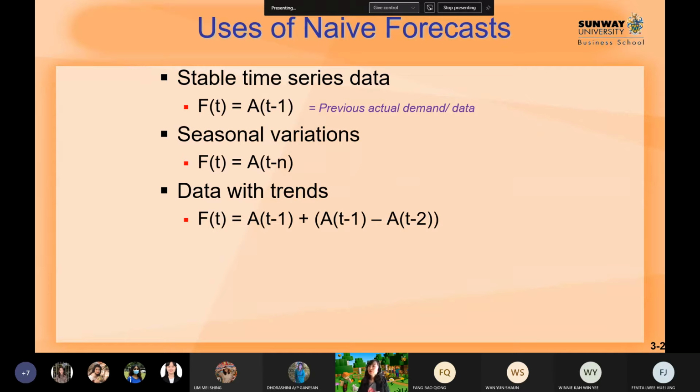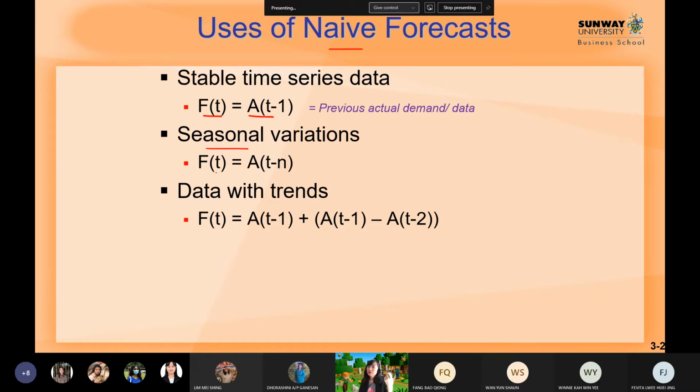So the forecast for today is based on the data from yesterday, T minus 1, the previous data. T is today; the forecast is based on yesterday's actual data. So this is the naive approach.